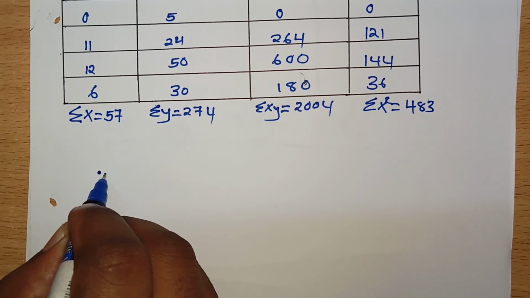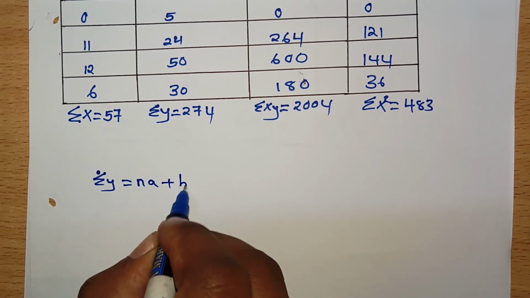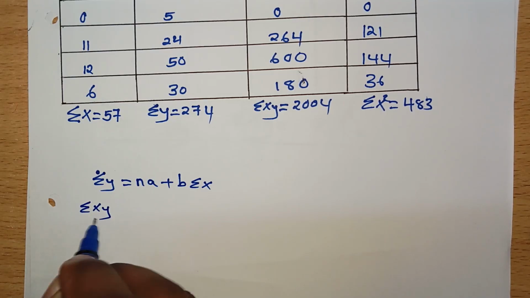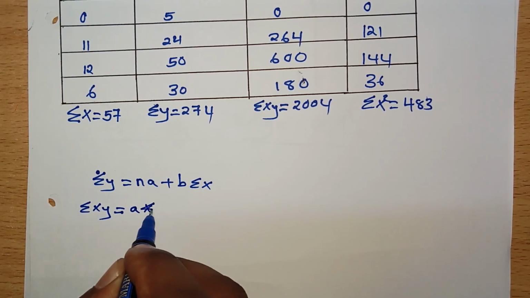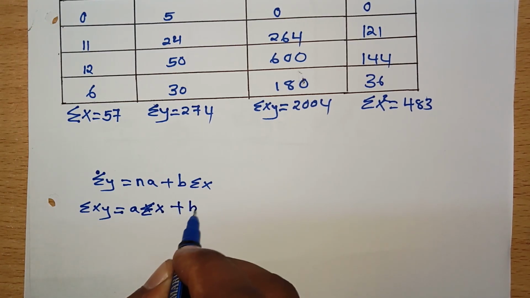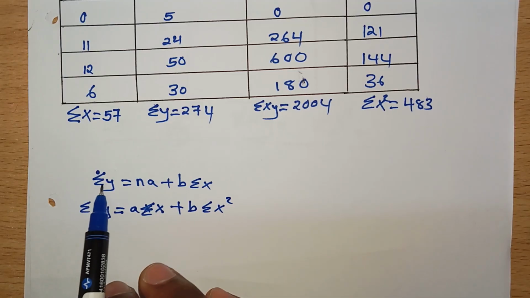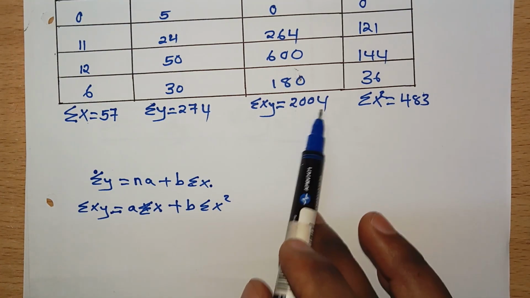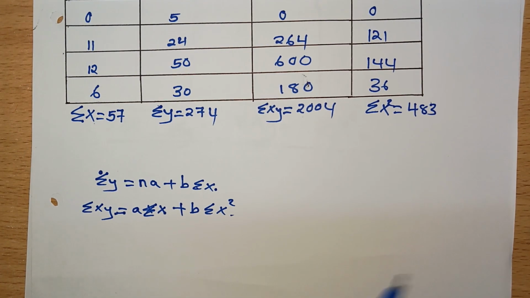Summation of y equals na plus b summation of x, and the second formula is summation of xy equals a summation of x plus b summation of x squared. Now, we have summation of y here, summation of x is here, summation of xy is this one, and summation of x squared is this one. Now we are going to substitute them.